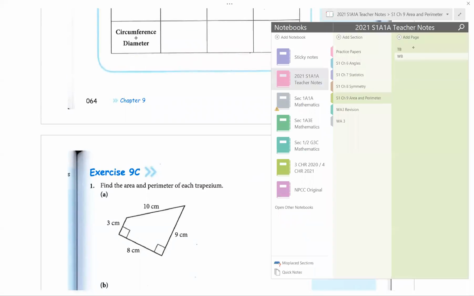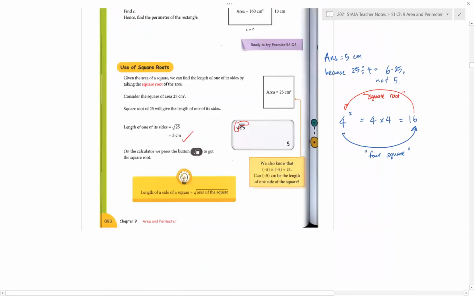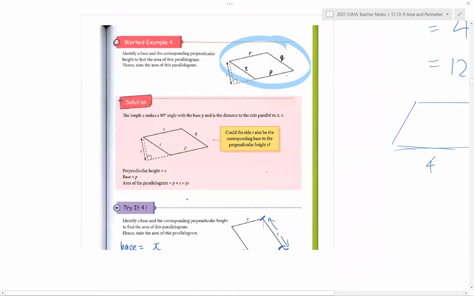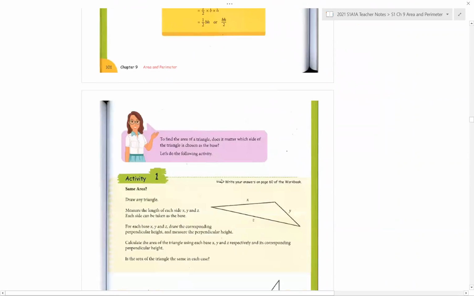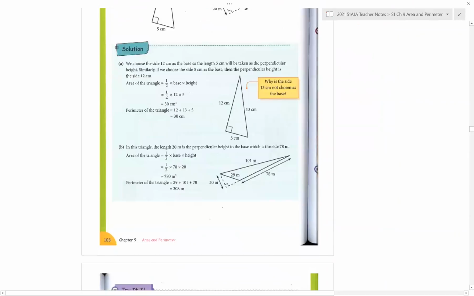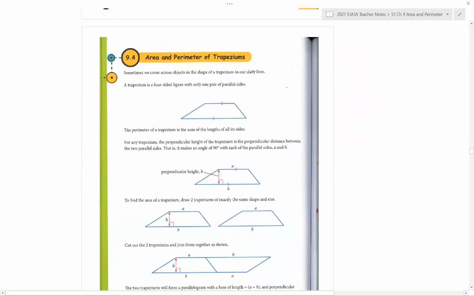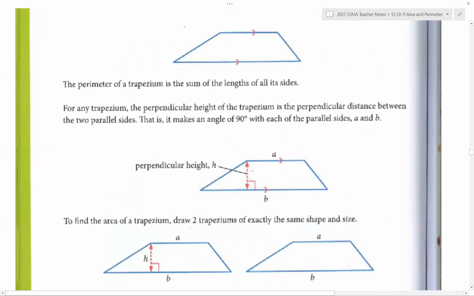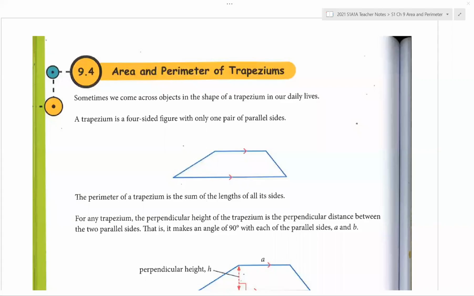Okay, let's head back to our textbook. This is the last shape that we are going to be dealing with this week.